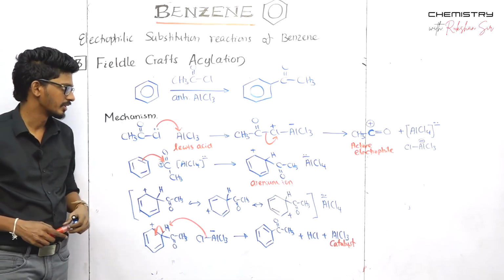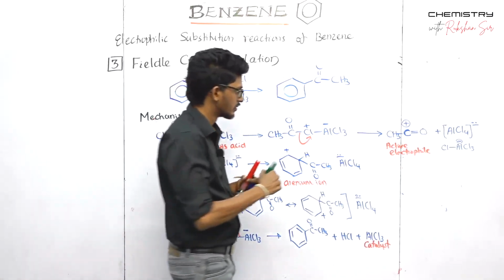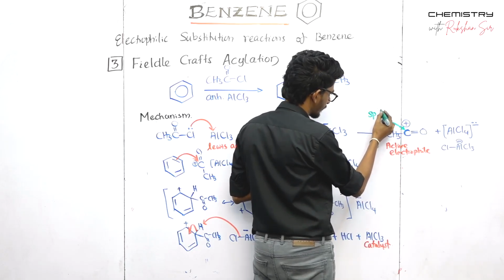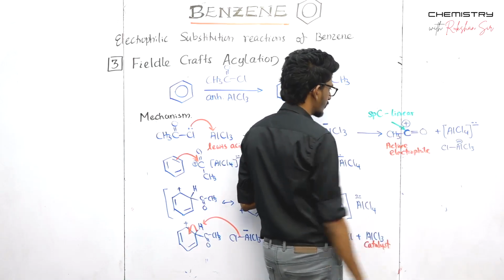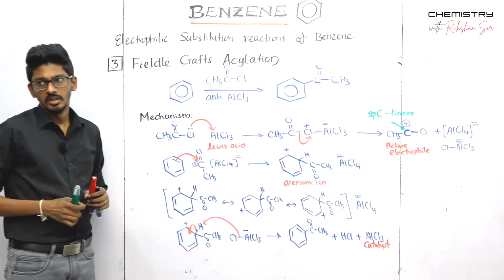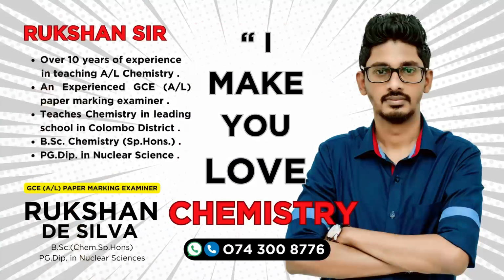Some sp carbon appearing, right? So mark that thing as well, that's better, no? So this carbon is sp, sp carbon linear, right? Okay, let's come up with the next one.